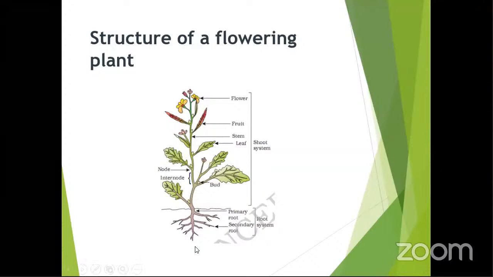And it is that chlorophyll that helps these plants to make their own food. So all the green plants that you see in the environment are able to make their own food with the help of the sunlight energy they get from the sun.